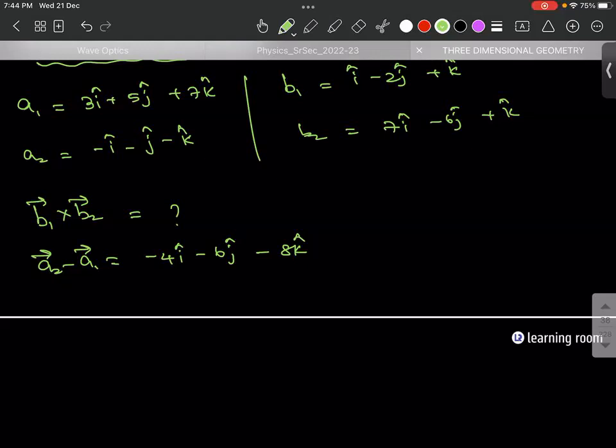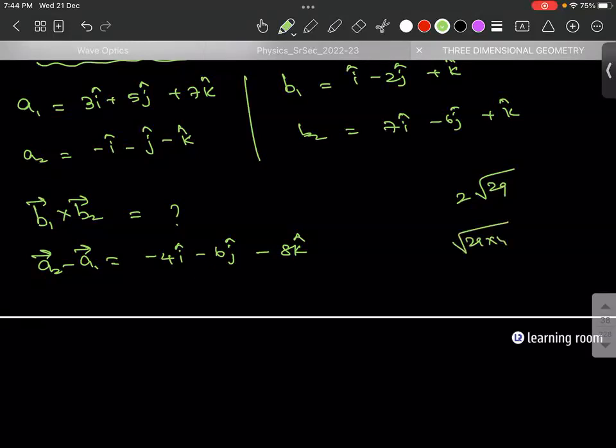Sir, 2 root 29. How much? 2 into root 29. No, 29. 2 root 29. So root 29 into 4. How much is this?